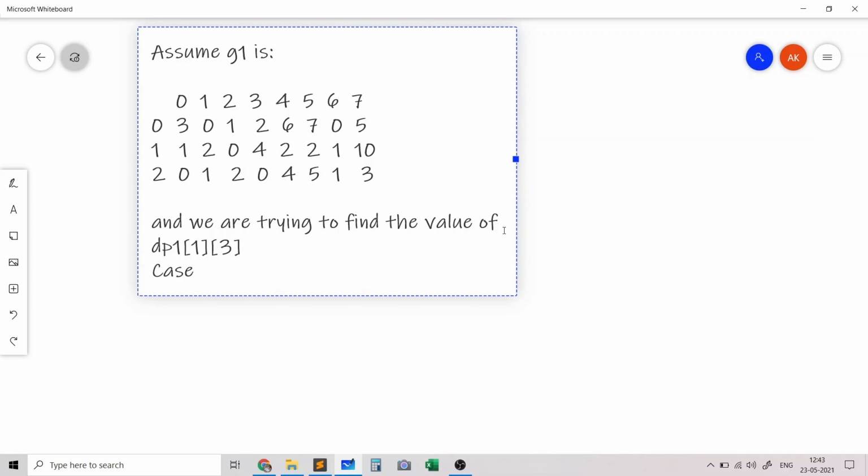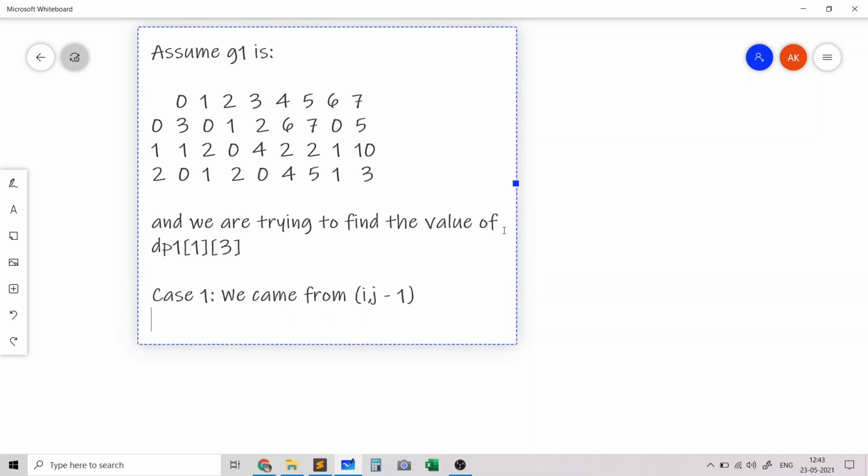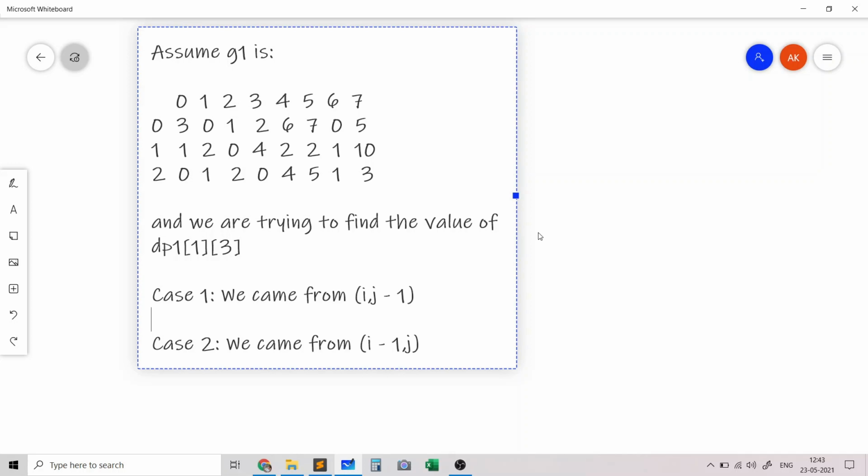So in case 1, we came from i comma j minus 1, and in case 2 we came from i minus 1 comma j, and this is because there are only two types of moves possible, either a down or a right. So if we moved down, that means we must have come from the cell behind it, and if we moved to the right from the previous cell, then we must have come from the cell 2 comma 1.